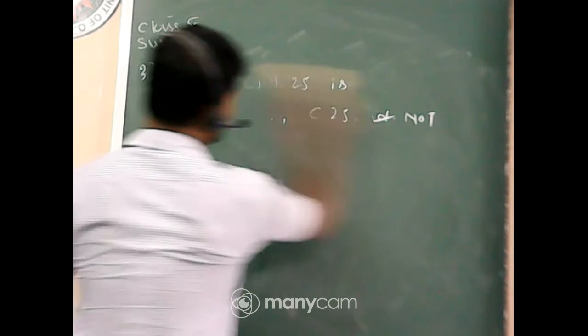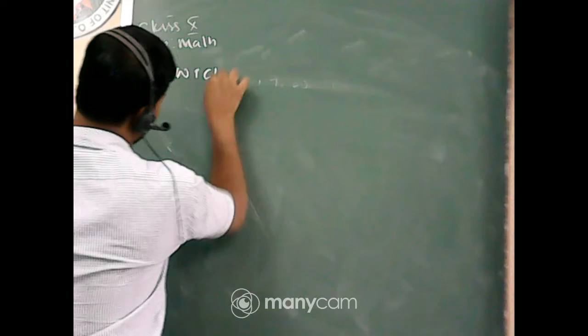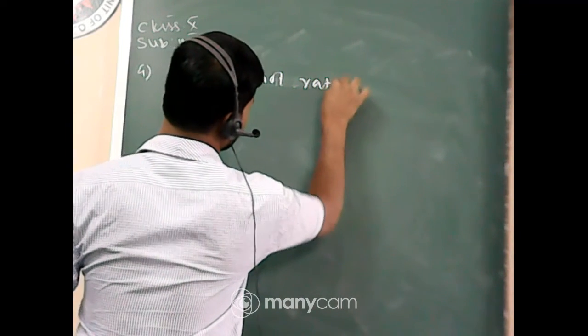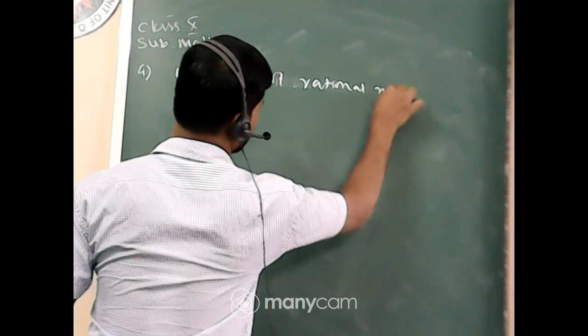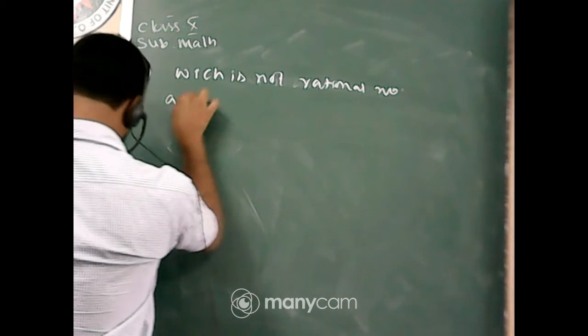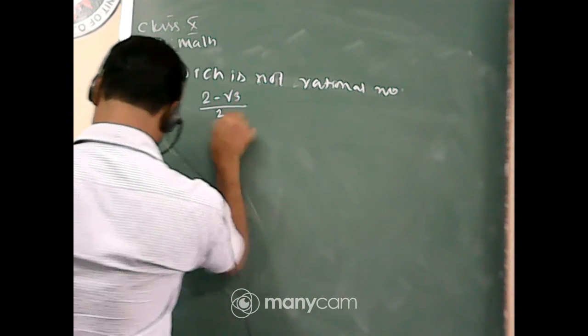Okay, now the next question is, suppose, which of the following is not a rational number? I'm giving 4 options. Option A is (2 minus root 3) by 2.